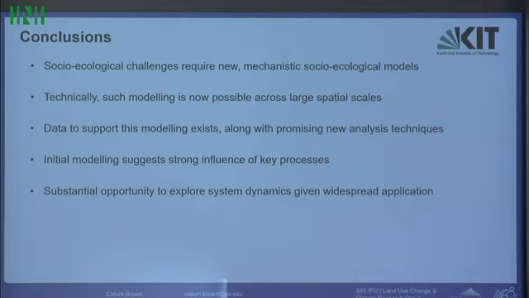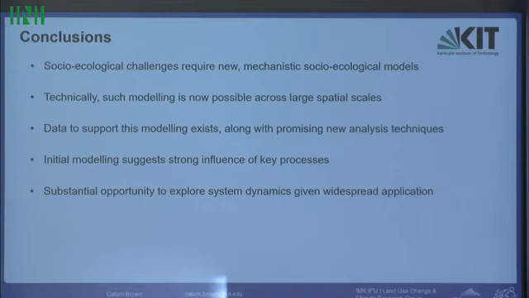But my conclusions are that we face socio-ecological challenges across scales, from landscape scales to global scales, and they often depend on the same processes that operate at landscape scales. And we need to get those processes into models. We have a good idea of what those processes are in many cases, but we're usually not modeling them. Technically, we can do that. We have the data resources, emerging data resources, to really calibrate those models.